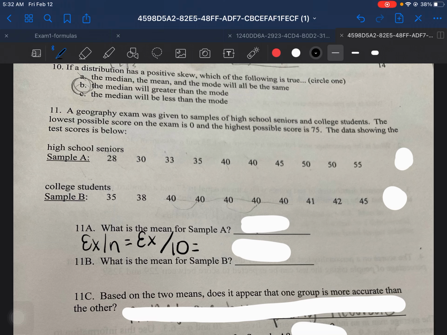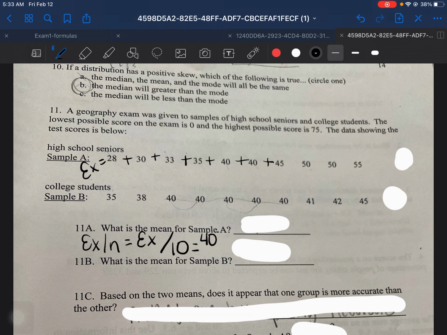And then I'm going to go ahead and do the sum of x now, which basically it's just this. Sum of x equals all that. So I'm going to plug this into my calculator. 28 plus 30 plus 33 plus 35 plus 40, 40 again, 45, 50, 50, 55.